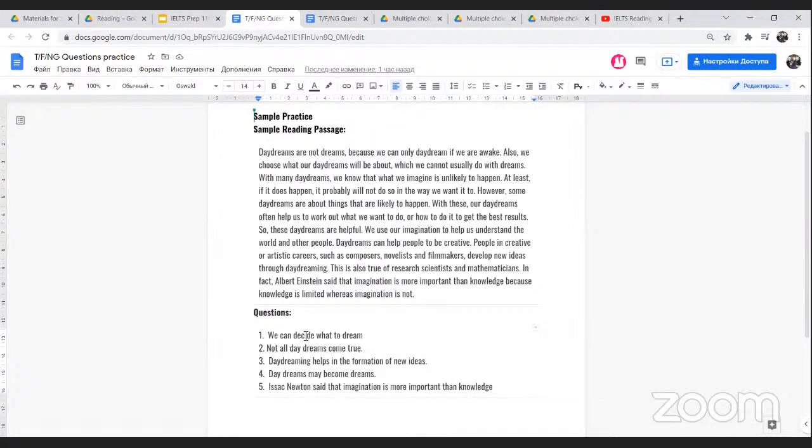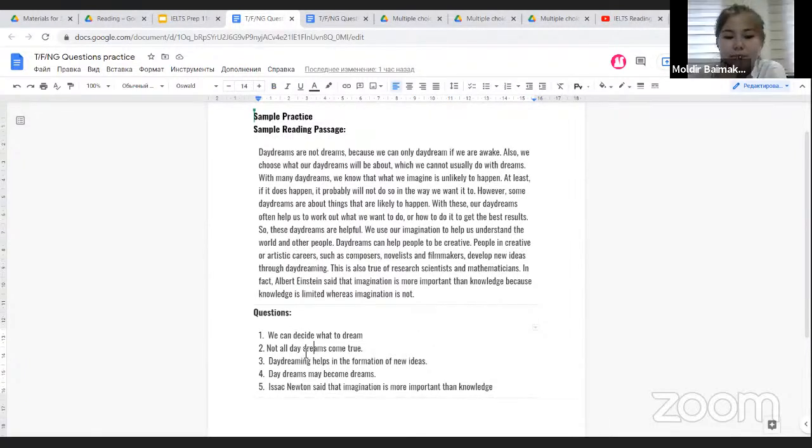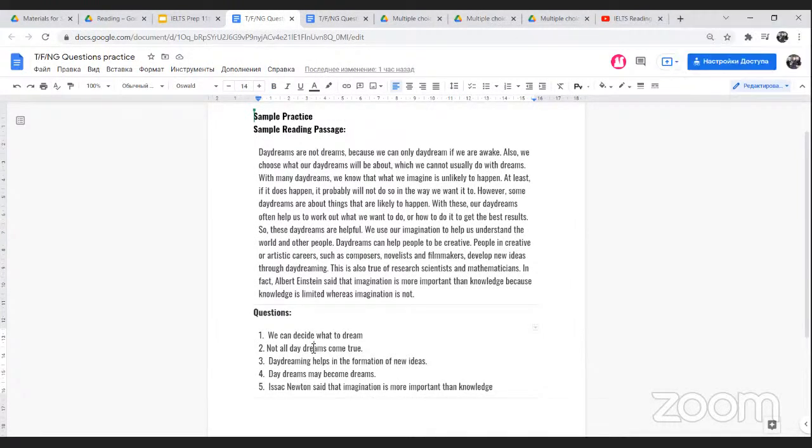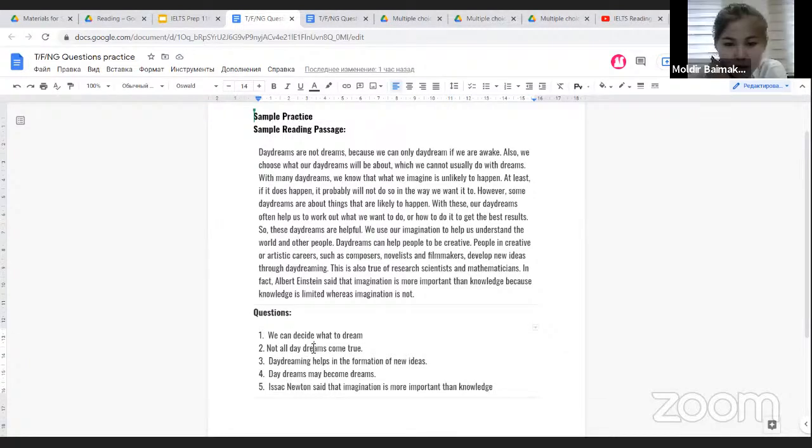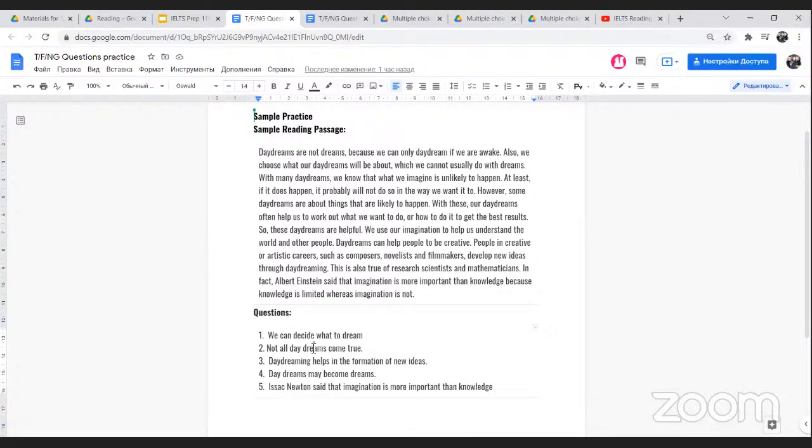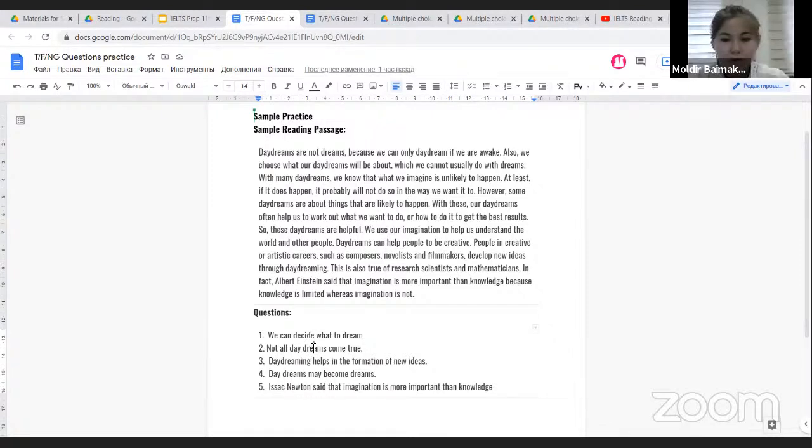I will read the sentences from the passage. At least with many daydreams, we know that what we imagine is unlikely to happen. At least if it does happen, it probably will not do so in the way that we wanted it to. However, some daydreams are about things that are likely to happen.